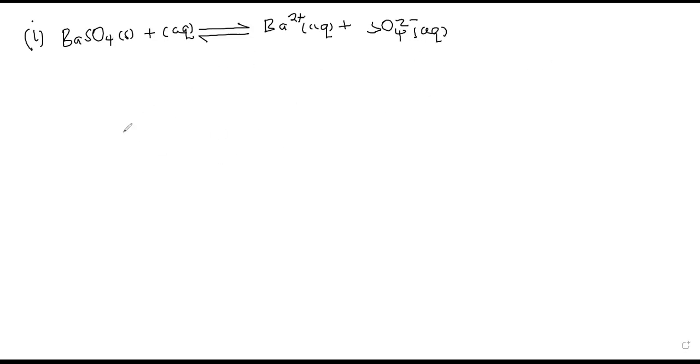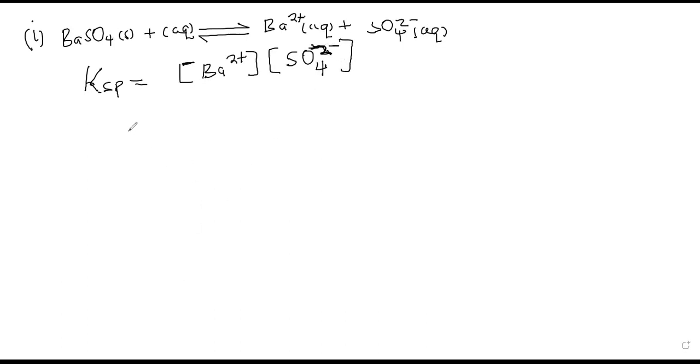So that is the equation. Then the expression of KSP would equal the product of the molar concentrations of the ions, so barium ion times sulfate ion, which is 2 minus.